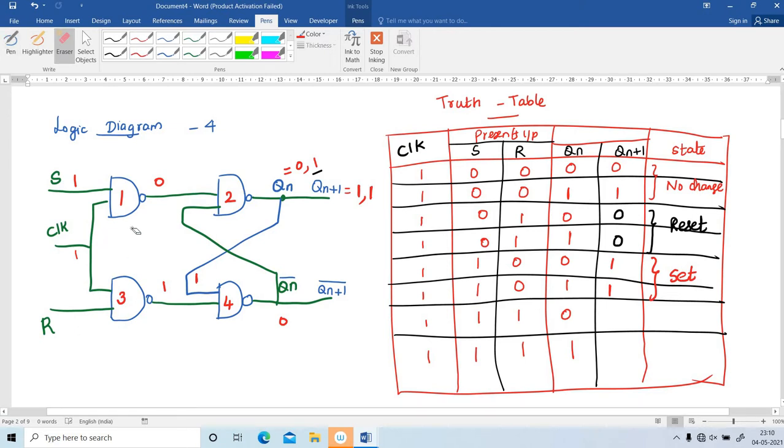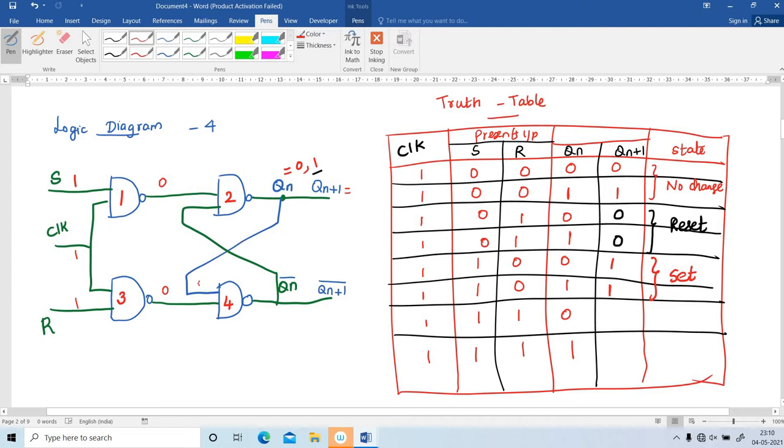In the last condition, S is equal to 1 and R is equal to 1. This is the last condition. I am going to check the last condition. 1 into 1 is 0. 1 into 1, that is 0.